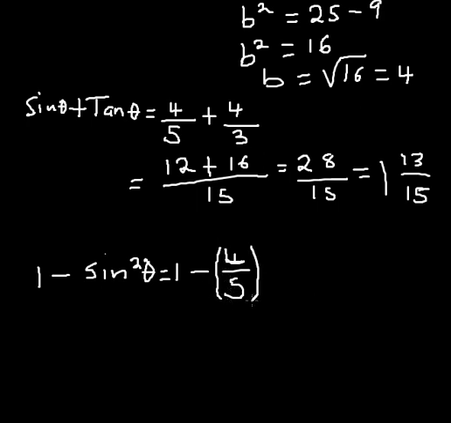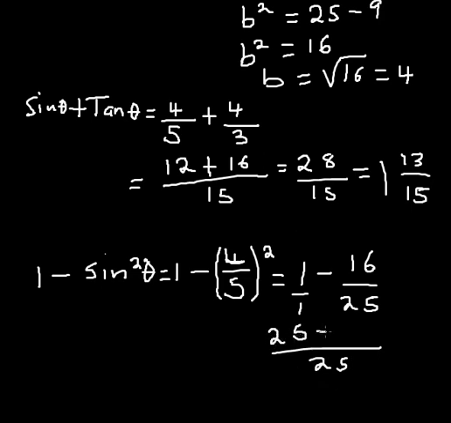So that's going to be equal to 1 minus 4 square, which is 16, and of course, 5 square is 25. Of course, I will simplify. The LCM is 25. 25 divided by 1 is 25. 25 times 1 is 25. Then minus 25 divided by 25, that is 1, times 16, that's 16. So subtract 25 minus 16. Okay, that should be done all over 25.